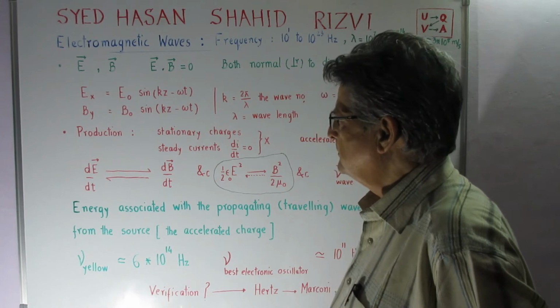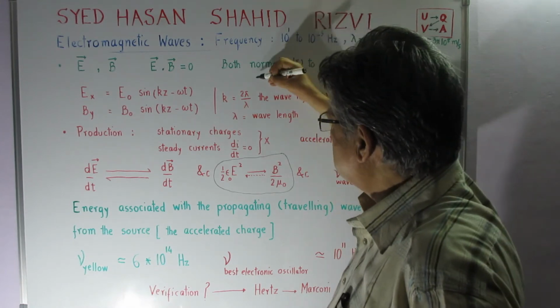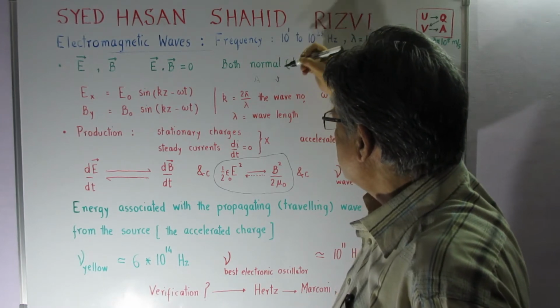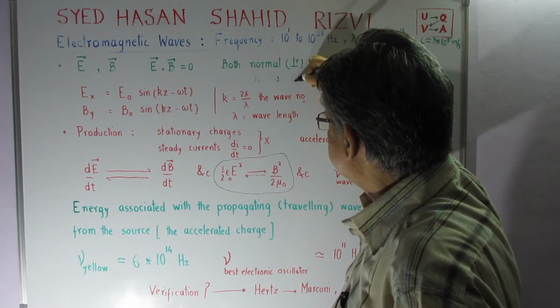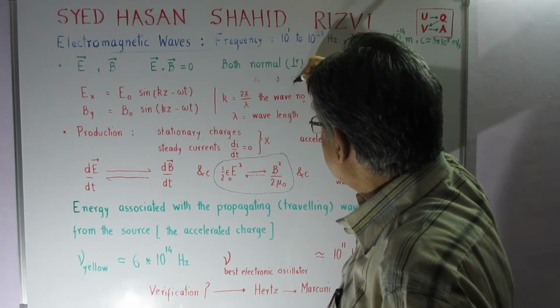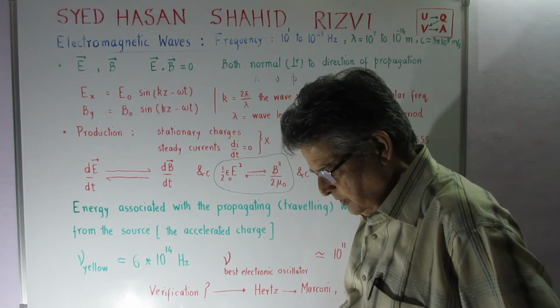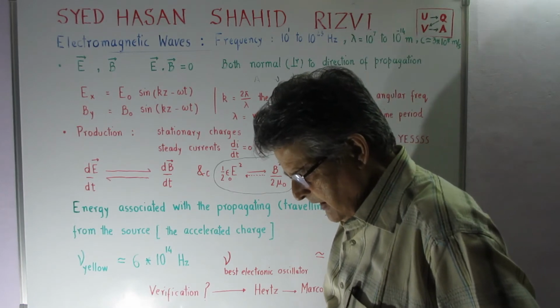Any wave has got three characteristics: the amplitude, its frequency and its phase.